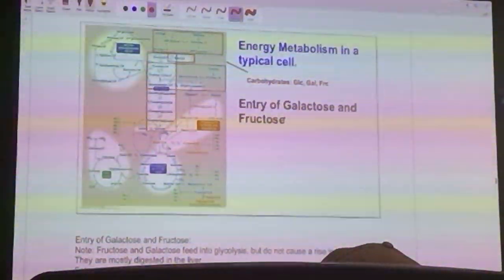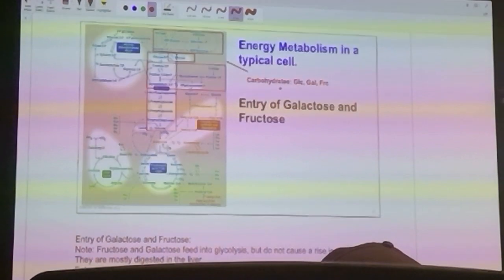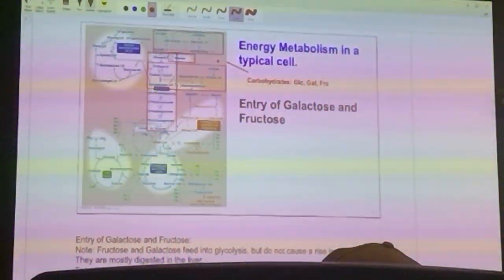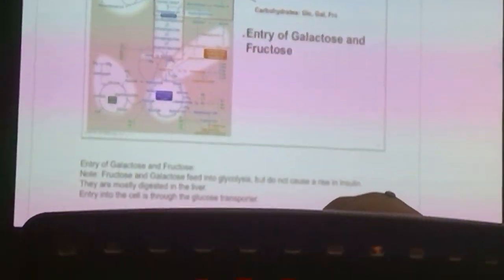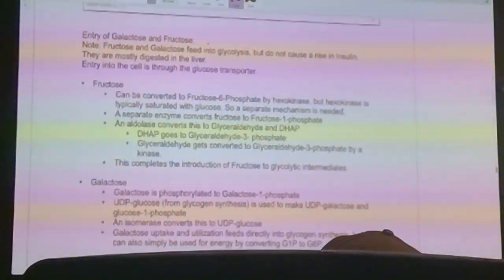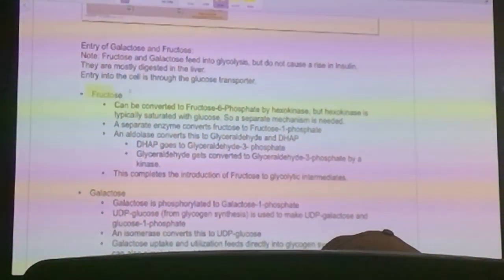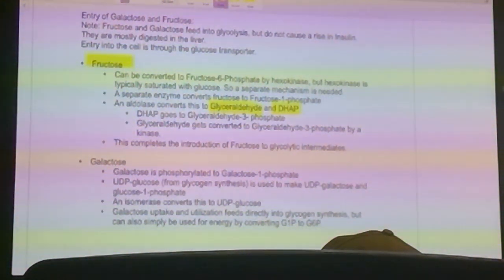So galactose and fructose enter glycolysis at different stages. Do you have to know that? Did he mention anything about this? Yeah. Okay, good. So fructose enters at, what was it, the glyceraldehyde or DHAP step.